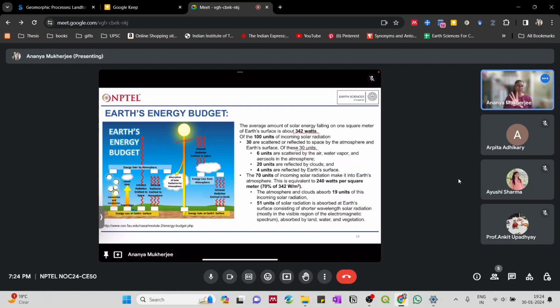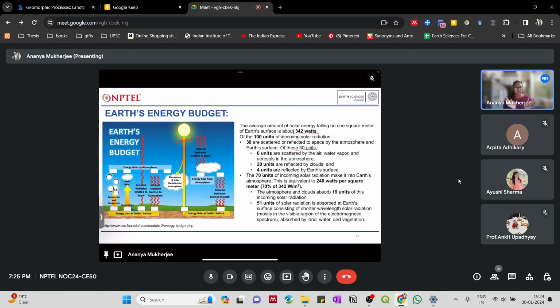Now the 70 units of the 100 units reaching the Earth, again different processes play a different role in maintaining this energy budget. The 70 units are equivalent to 240 watts per square meter, that is 70% of 342 watts per square meter.